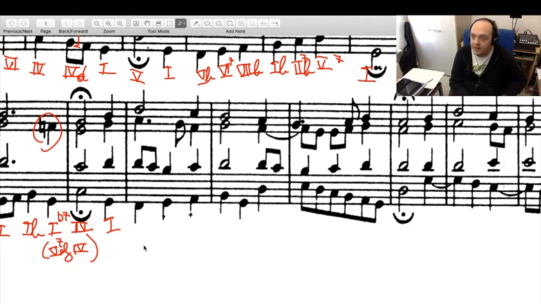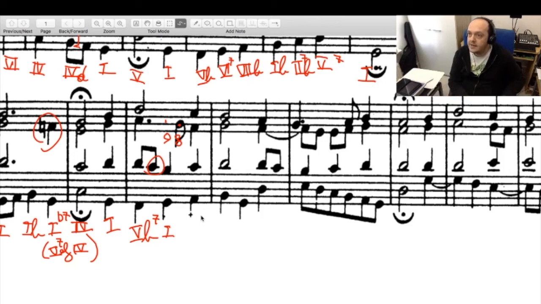If I'm not mistaken. If I am, let me know. Okay, 1. Now that's chord 5B. Passing 7. Then I have chord 1, and look again, there is a 9-8, but this time it's a suspension because the A is held.